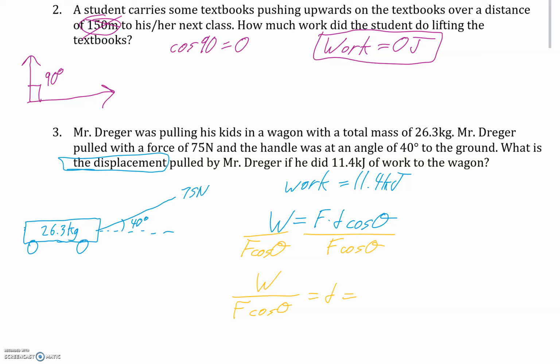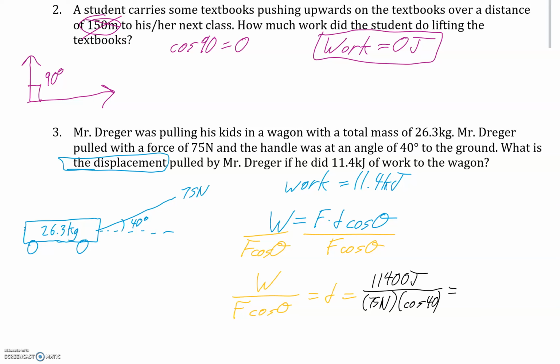So if we go ahead and plug all of these values in, let's just keep in mind that this is in kilojoules, so it actually needs to be converted to joules first. And then we have 75 newtons, and then we have cos 40 degrees.